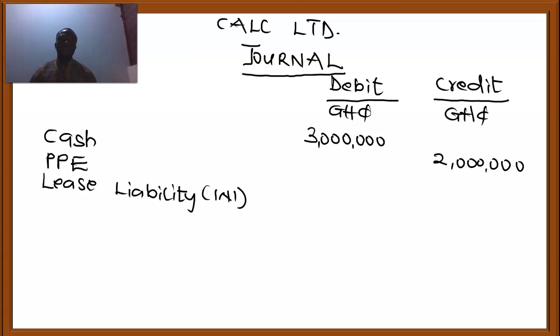As you may have noticed in the previous tutorial video on leases, a lease liability at the date of commencement is measured at the present value of the lease payments that have not been made at the commencement date. So we are going to measure the lease liability at the present value of all future lease payments. Let's do the workings here. We have working 1.